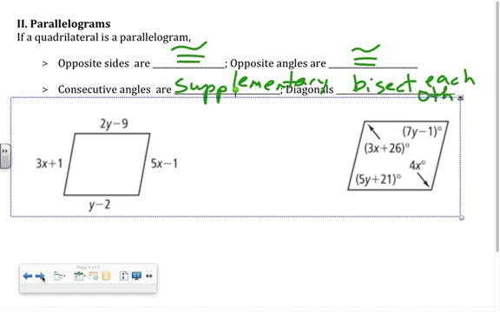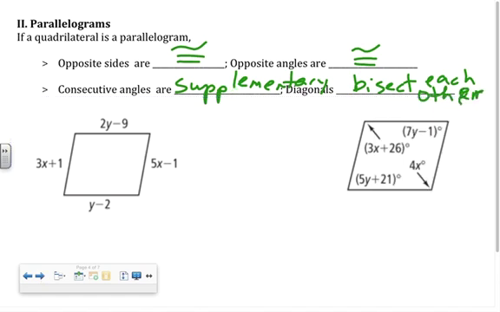Please be really careful. They bisect each other. Please be very careful about misunderstanding what that means. Diagonals bisecting each other does not mean that the diagonals are congruent. It means that the diagonals are cutting each other into congruent pieces. Okay, be very careful with that.